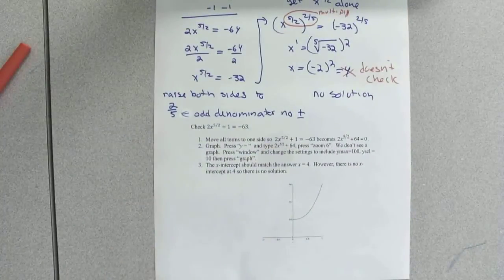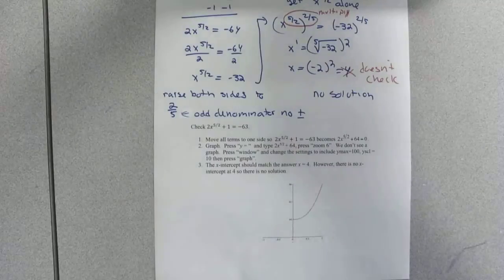And then I checked it graphically, and I got a graph there, and notice no x-intercepts, which corresponds to the no solution. So either way you check, it actually comes out to be no solution. So very important that you check these. And that is rational exponent equations.